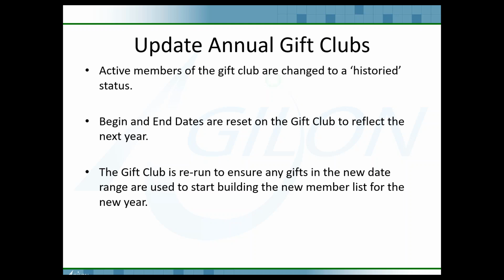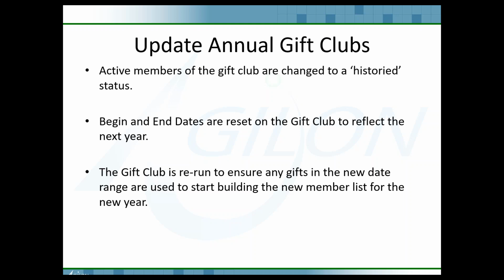So Sally gave a gift on January 1st, and maybe you didn't run this process until January 10th. So we want to make sure we get Sally in the gift club.